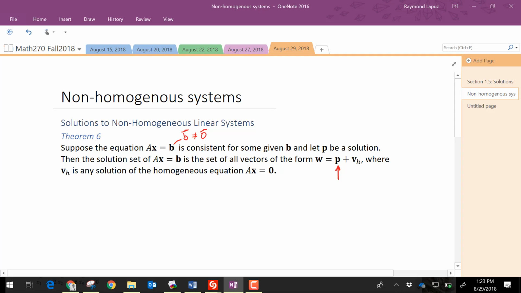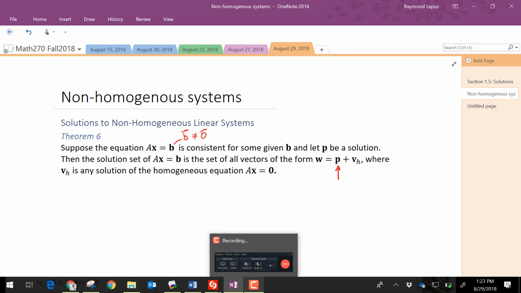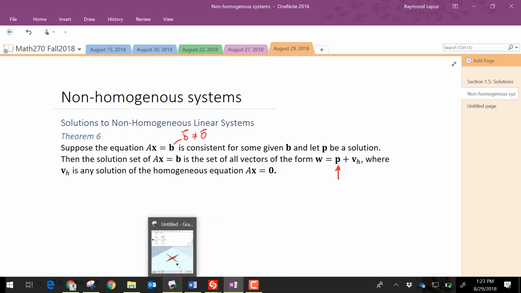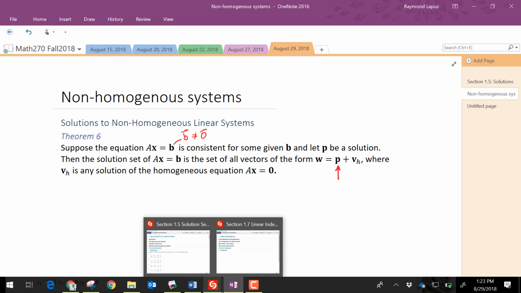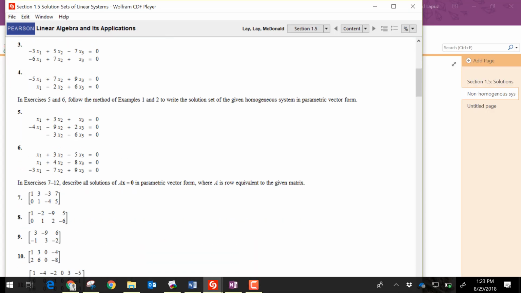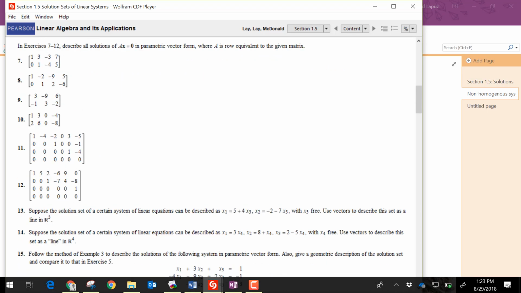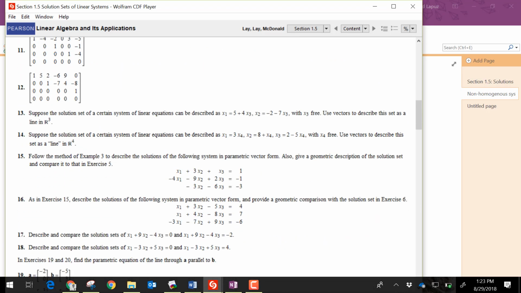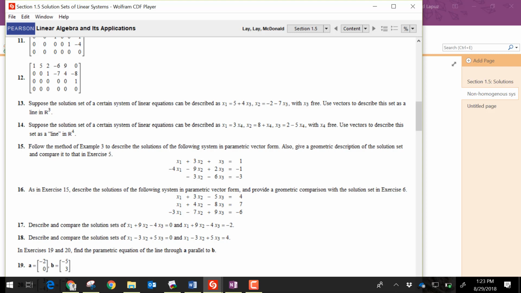All right, let's see if we can use the other examples that we just used. Example 3.